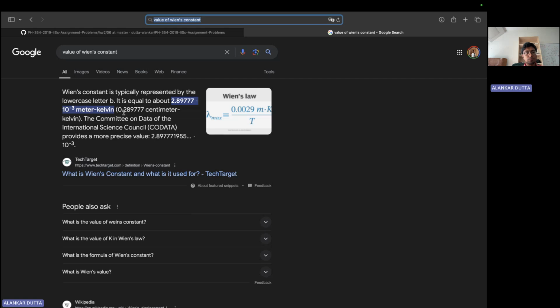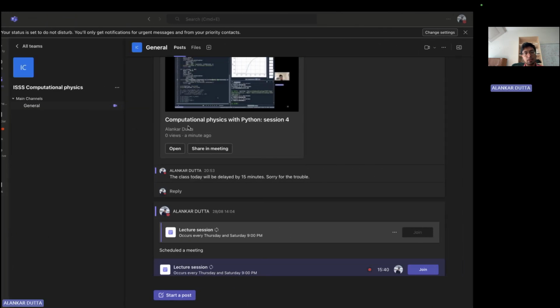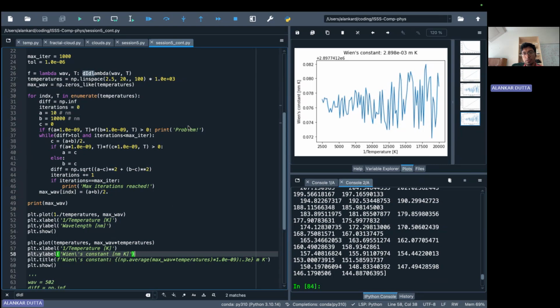So it's 2.89 times 10 to the minus 3. And what we have got is 2.89 times 10 to the minus 3. So this is exactly what we have got. So I think we are fine in terms of finding out the Wien's constant.